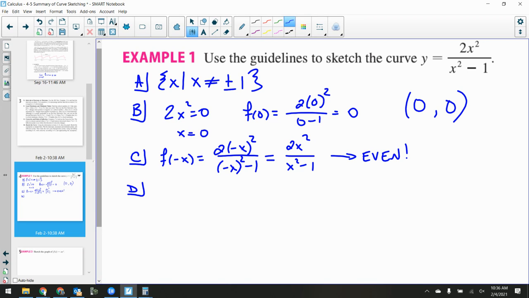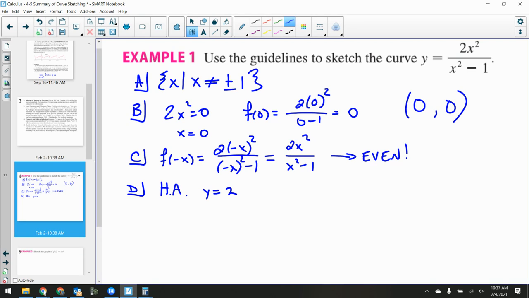So therefore, I take the leading coefficient off the top over the leading coefficient of the bottom. So my horizontal asymptote is at y equals 2. We could verify that by taking the limit, and I did that on my page, but I'm realizing why would I do that? I know the rules for a rational function. Y equals 2.